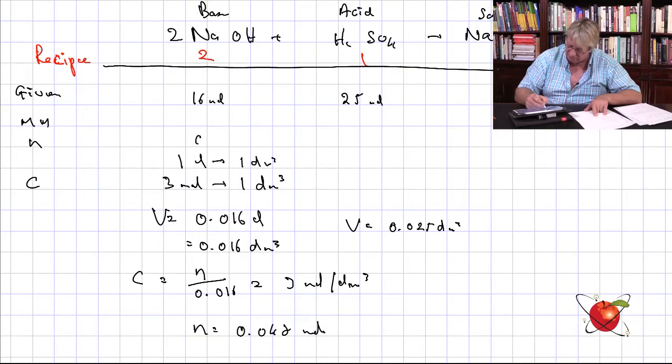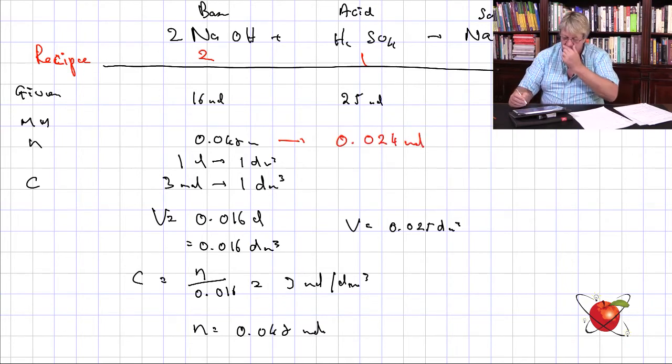We know U. Let's go back up then, and 0.048 was how many moles I've got of U. Therefore, now we apply the recipe, don't we? Apply the recipe, 2 to 1. So this is 0.024 moles of that was used. Therefore, now we can continue the calc with it.